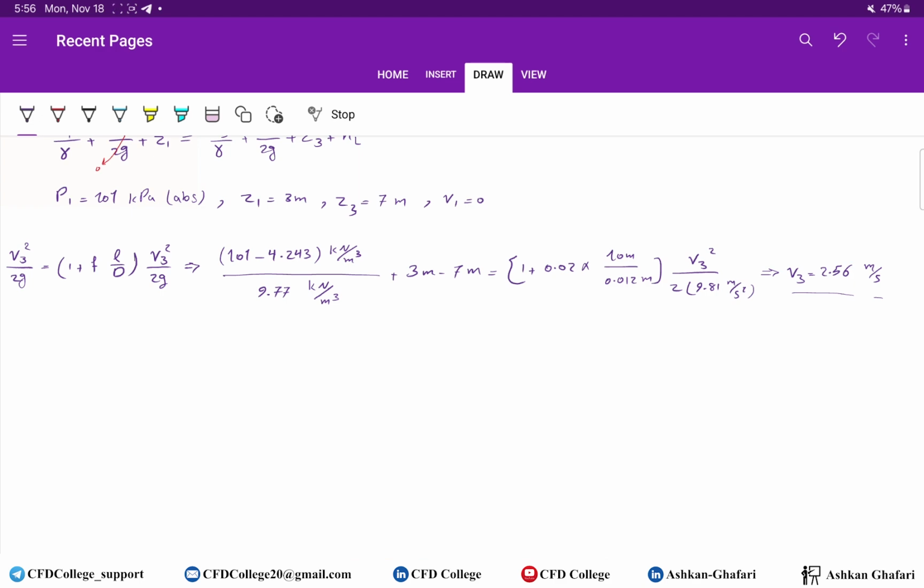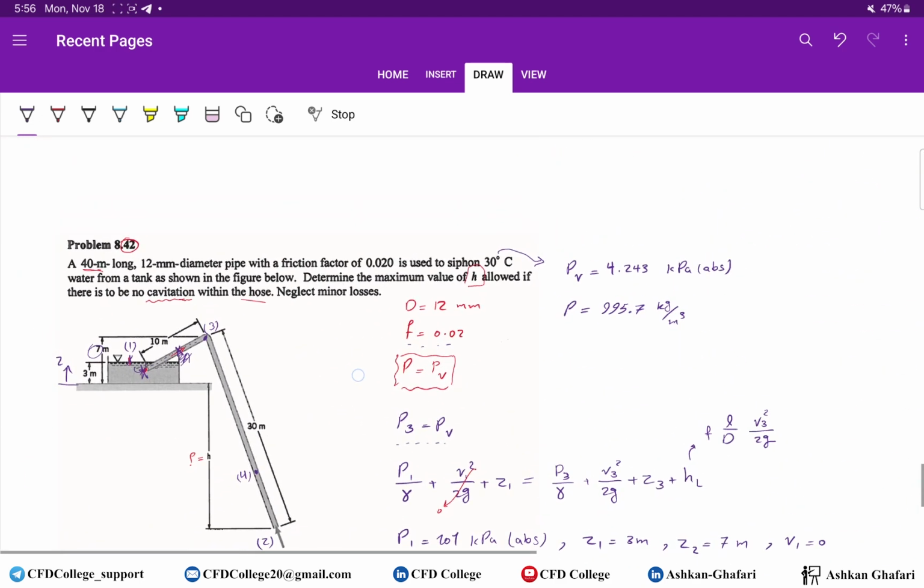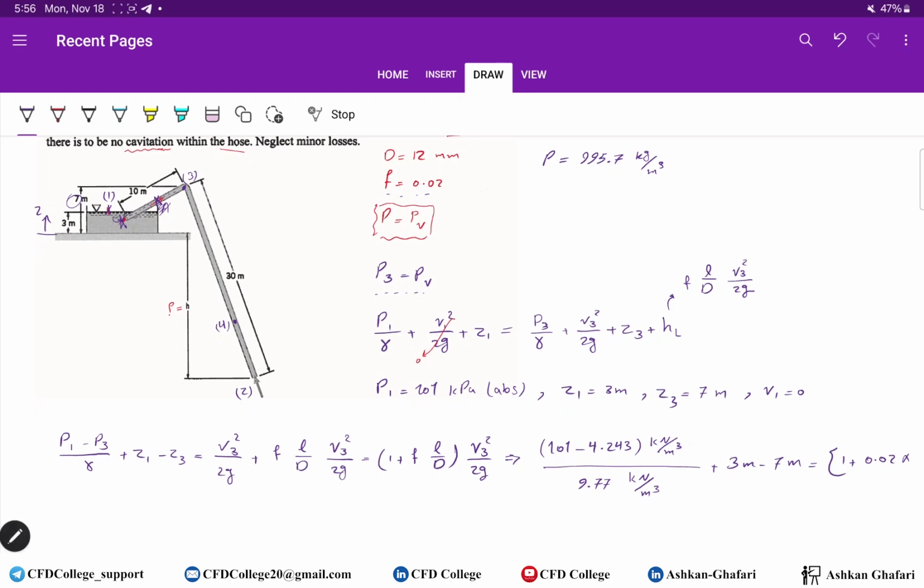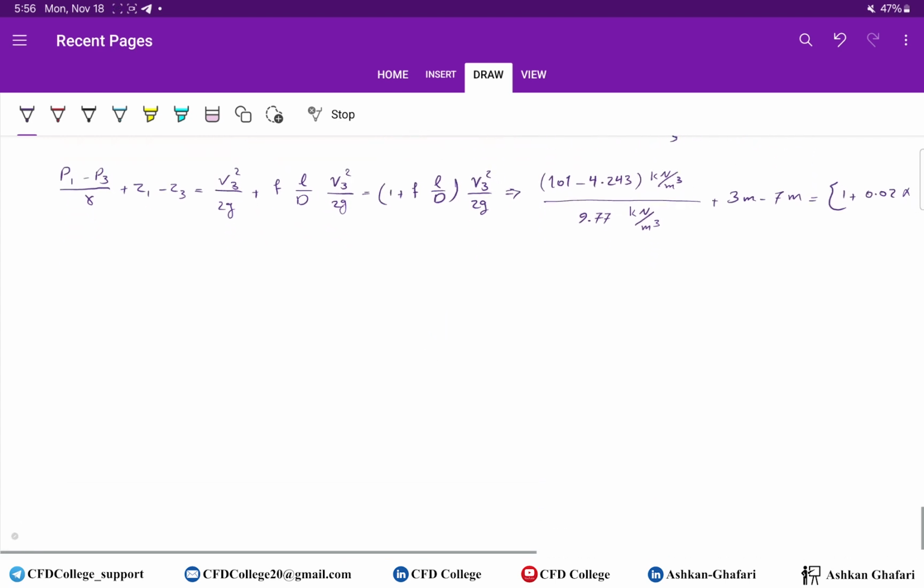Okay, now if we write down the energy equation between point 1 and point 2, we can find H, because now we know the velocity. We have velocity at point 3, and since the diameter of the pipe is fixed, it means that V2, actually velocity at any point, is equal to V3, 2.56.